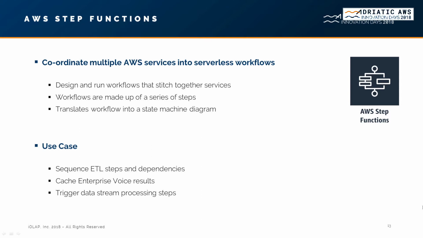Another thing we mentioned is that through the Step Function, we also run some extra queries that we want, for example, caching the results for our other team, the enterprise voice, where since we're already dealing with that data, we can help them out and cache some data to make Alexa a little bit faster.